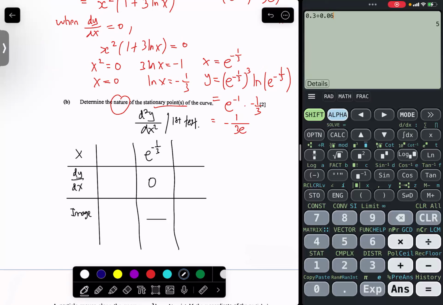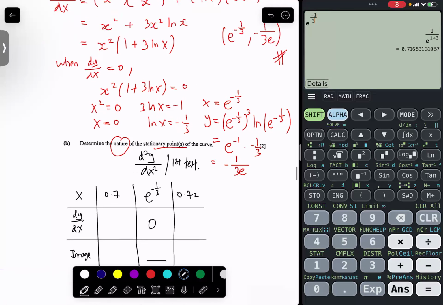Now e to the negative one third is roughly 0.716. So before, I take 0.7, after, I take 0.72. That should be fine.